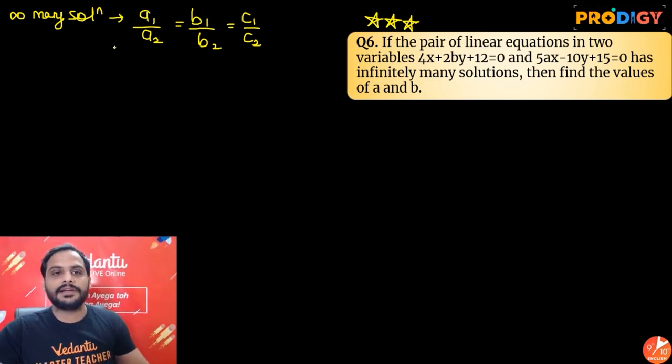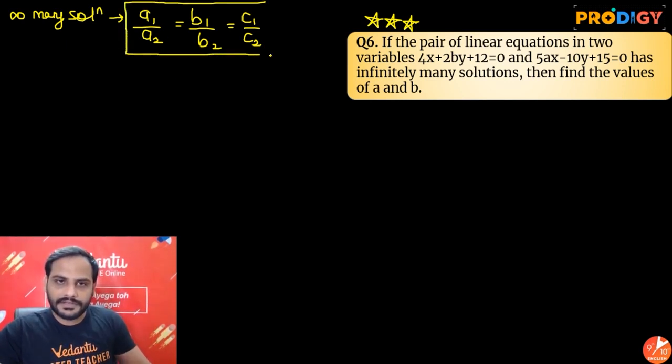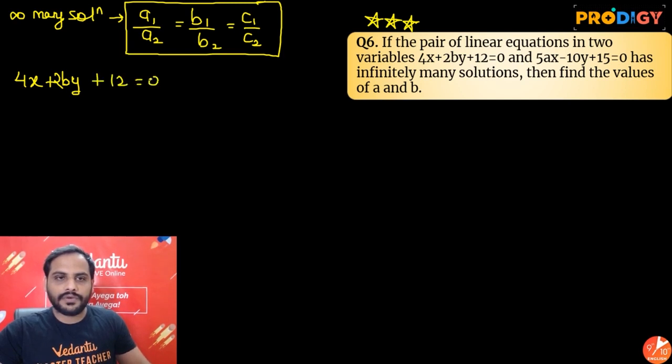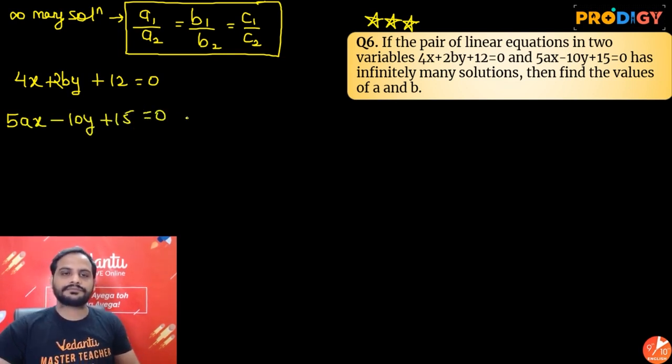Alright. So for infinitely many solutions, this is the condition. Alright. So the first equation, I have 4x plus 2by plus 12 equal to 0. And the second equation, I have 5ax minus 10y plus 15 equal to 0.